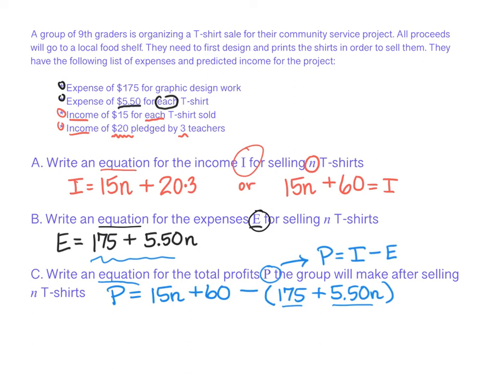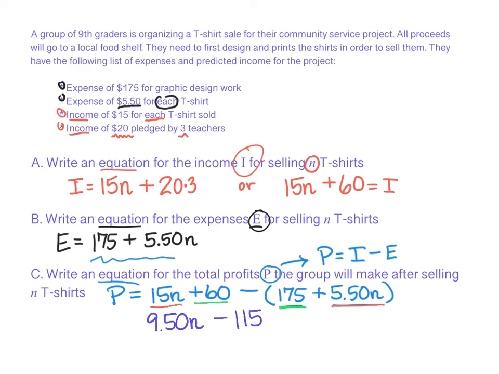What we can also do is make this more simple. So what I mean by that is we can group the parts of the expression that represent the t-shirts, and we can simplify that. So 15N minus 5.5N is going to give me 9.5N. Similarly, right, the $60 that the teachers are donating, we have to subtract off the 175, which gives me a negative number, which sounds kind of funny.